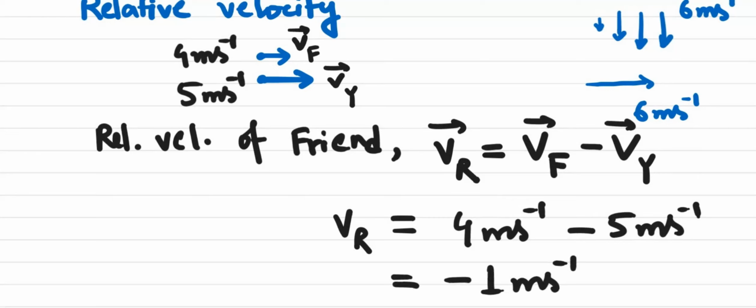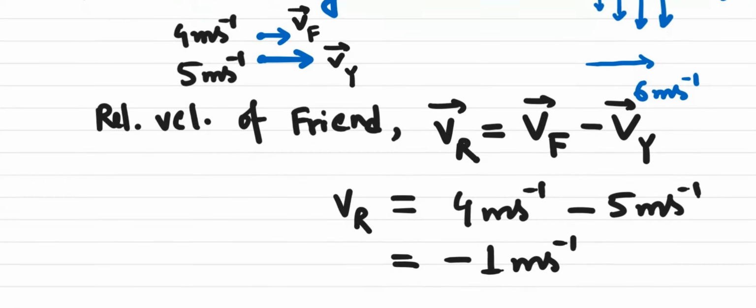Since you're going ahead, from your frame of reference you'll see that your friend is getting more and more behind, actually going in the backward direction, because you are moving faster.